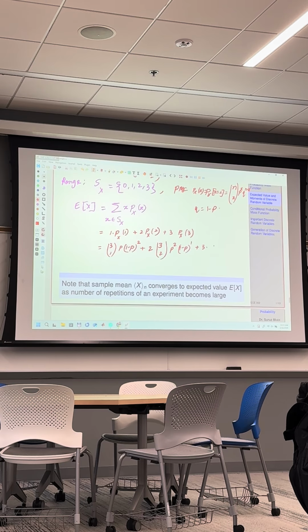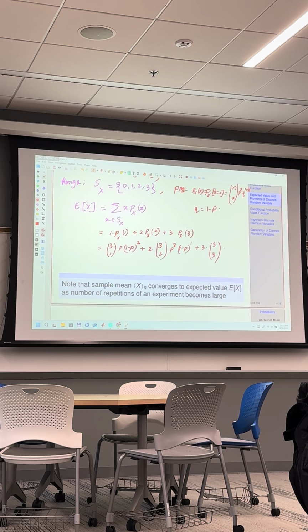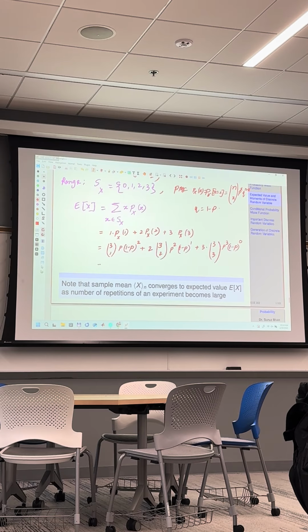Plus 3 times combination 3 choose 3, p to the 3, 1 minus p to the 3 minus 3, which is 0. So here you have combination 3 choose 1. What is this? If you apply the formula, factorial 3 over factorial 1 times factorial 2. So it is going to be 3.